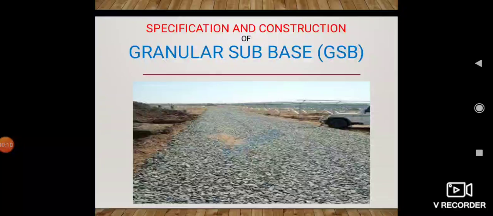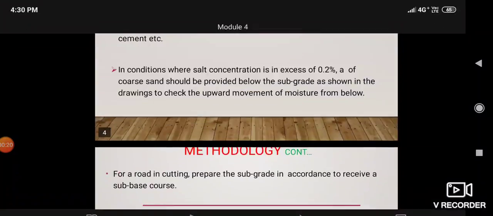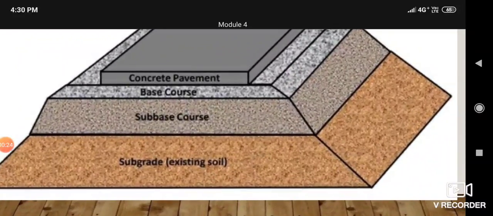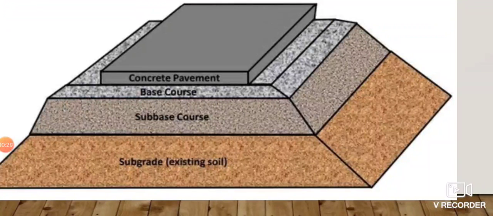As the name indicates, subbase, it is below the base course layer. In the cross section of flexible pavements, we had seen it is the layer which is above the subgrade and below the base course, that is sub base course, above subgrade and below base course, and this acts as a drainage layer also.